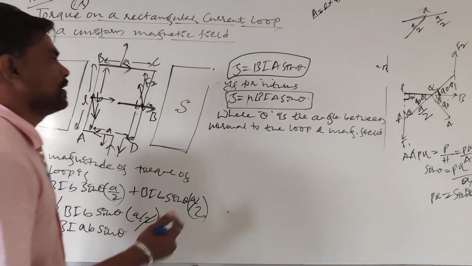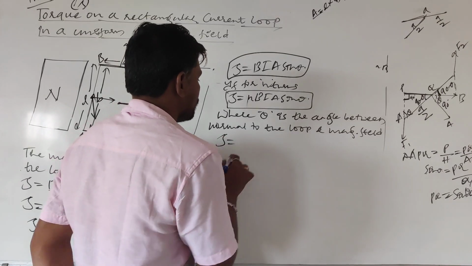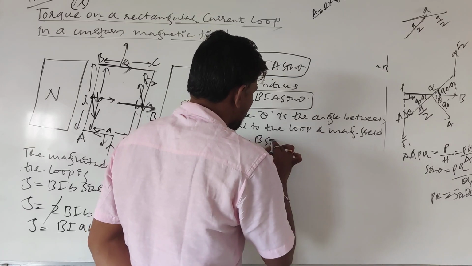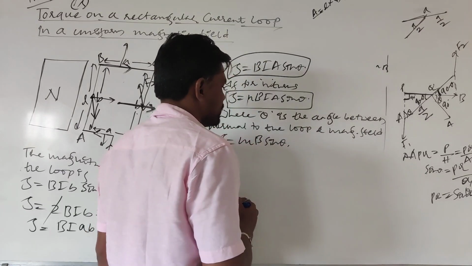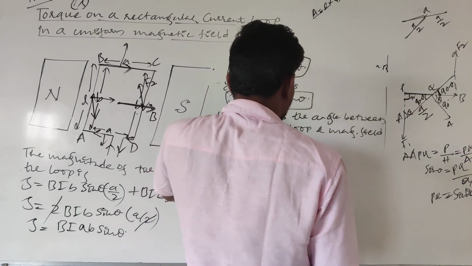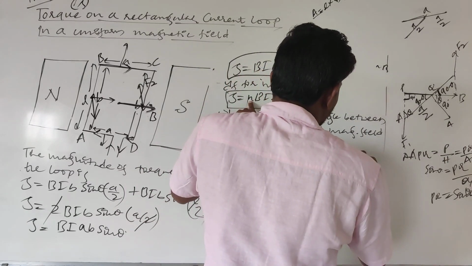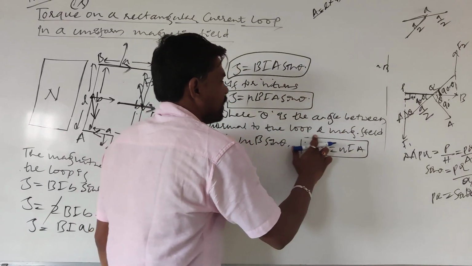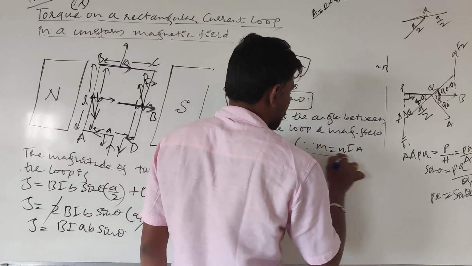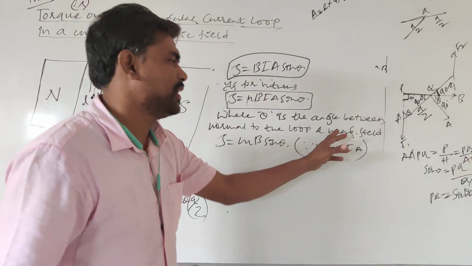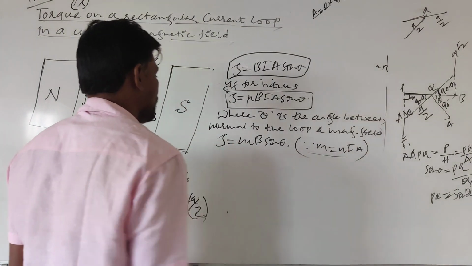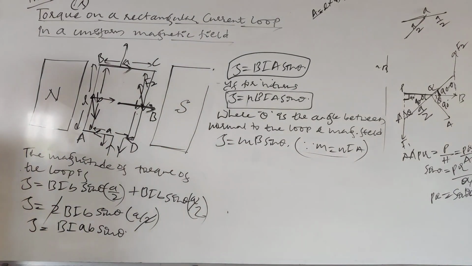Torque is equal to mB sin theta, where m is equal to NIA, the magnetic dipole moment, and N is the number of turns.